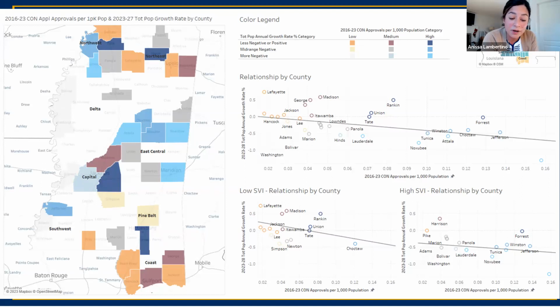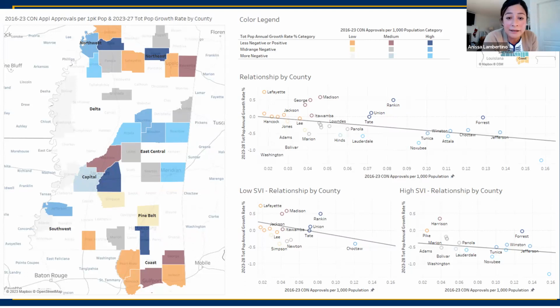And then there is a strong and significant negative, inverse association between application approval rates and projected population growth. So again, the trend is where the growth rate is high, the approval rating is low, and where the approval rating is high, the growth rate is low. So it's an inverse or negative association.